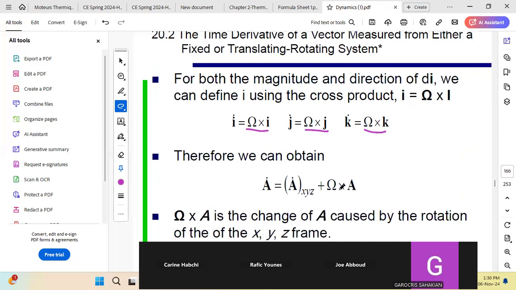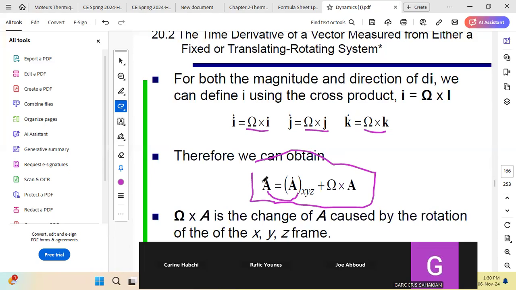So what is the general conclusion that we should know from this slide? We should know that for a certain vector, if I derive it in a rotating frame, the derivative is different than its derivative in a fixed frame. But I can relate the derivative in absolute and in rotating frames using the following relation.